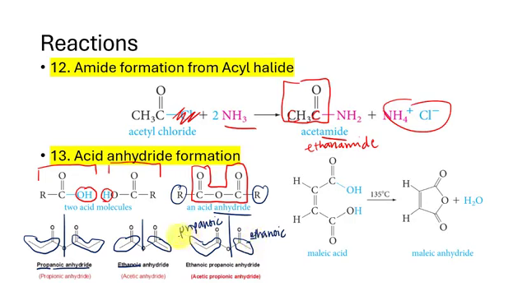E precedes P, so it's ethanoic, propanoic, and the word anhydride. One unique fact about anhydride is that you can perform an internal reaction, meaning both carboxylic acids are found on the same molecule on both sides. They can fuse together through condensation reaction to create this particular cyclic anhydride structure.